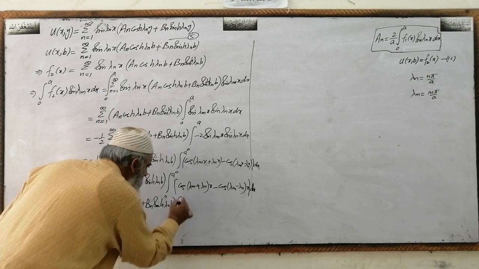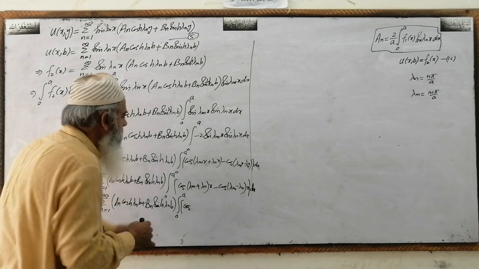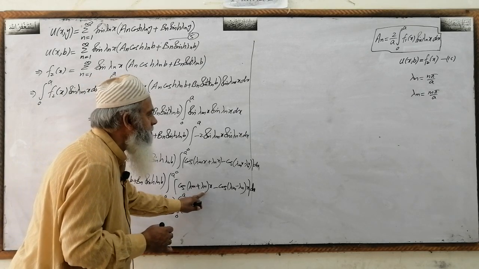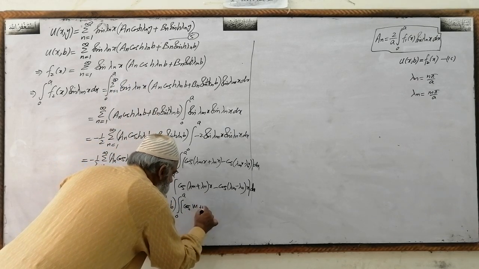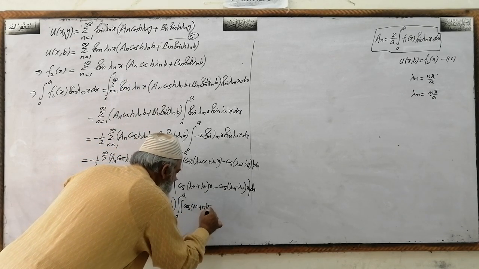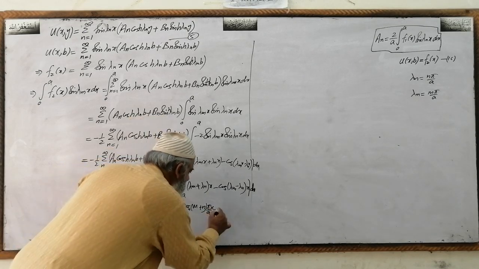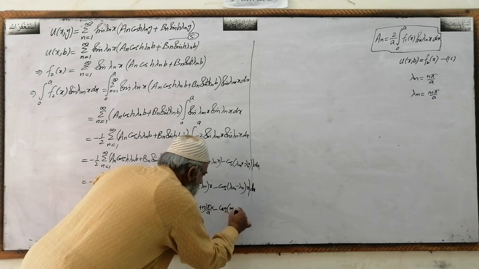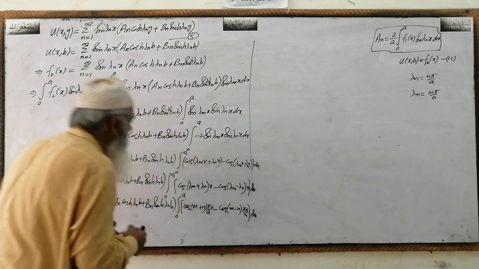This integral will be 0 to a cos, I will put here m pi over a plus n pi over a and take pi over a common. Then this will be (m plus n) pi x over a. Similarly here cos (m minus n) pi x over a dx.